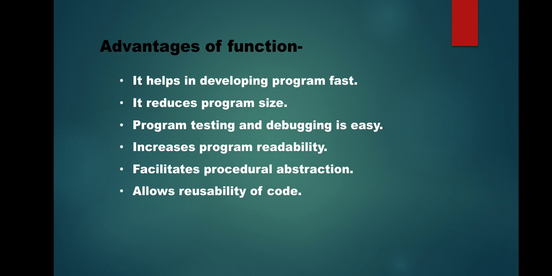Now how is this possible? If you are going to use a function, suppose I have created a function with the name x. When I am creating the function x, I have tested it, I have debugged it, right? Now I found that this function is working perfectly okay.